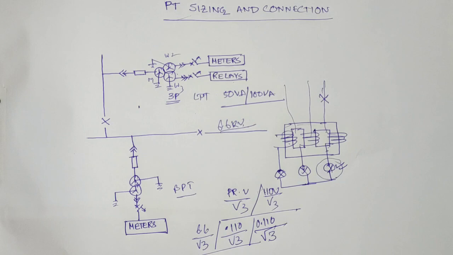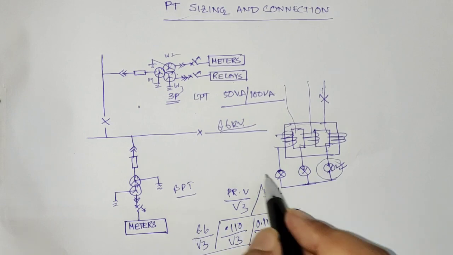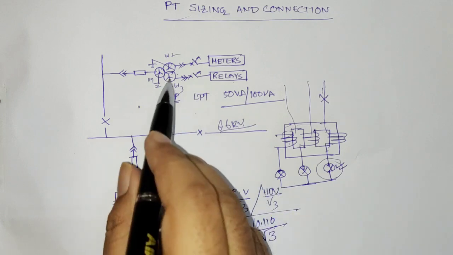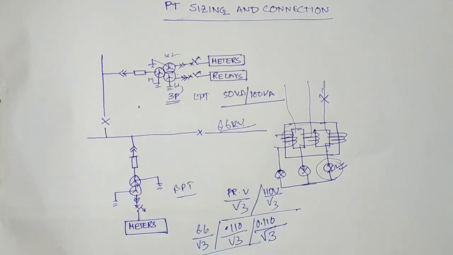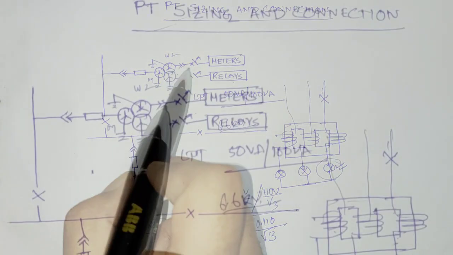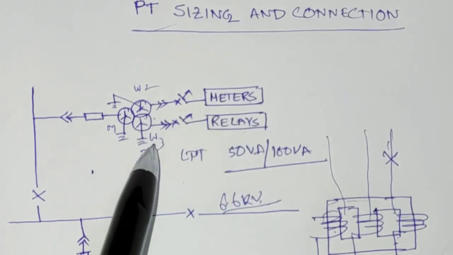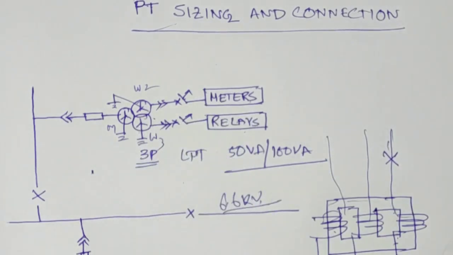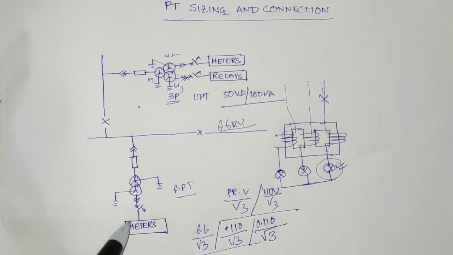The primary voltage by secondary voltage are taken such that, now why by √3 is taken, we are indicating the per phase voltage. So when we connect the relays or meters line to line, we will get 110 volt output. Now here I have used 3 windings, because with 1 winding the meters are connected and with the other winding the relays are connected. Here I have used 2 windings, so only meters are connected.